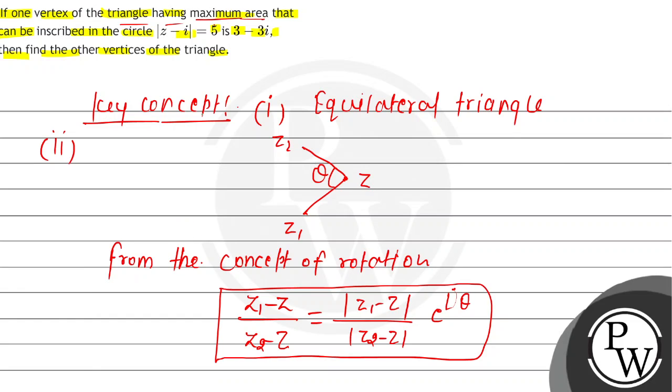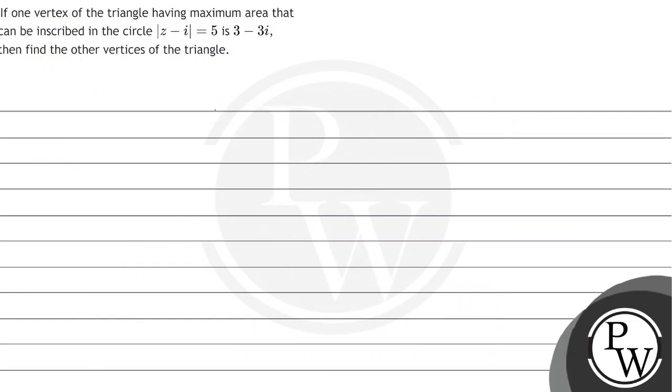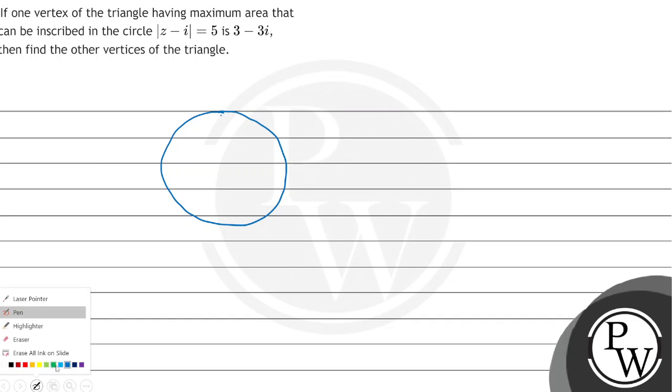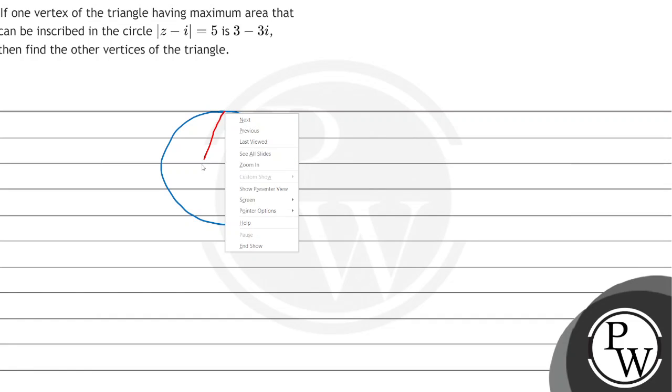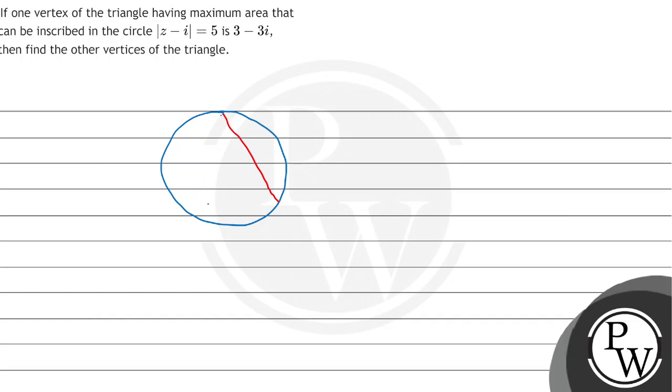So first of all we have the equation of the circle. So first we'll draw the circle equation. This is the circle. Now we'll draw the triangle inside the circle, because the triangle is to be drawn inside the circle. So this is the triangle.